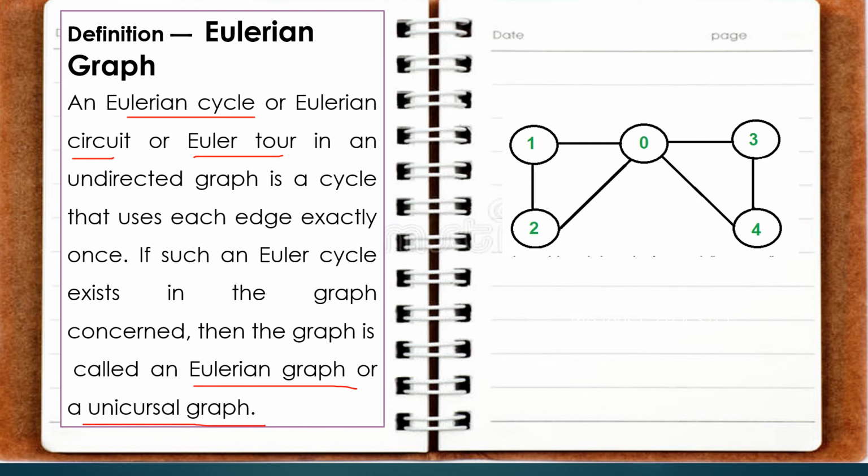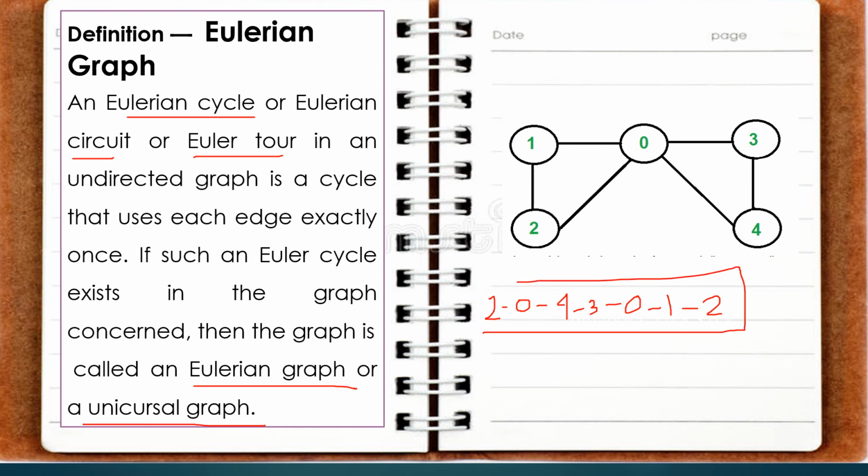So for example here, if we start at 2, our circuit will be 2 to 0 to 4 to 3 to 0 to 1, then we go back to 2. So this is our circuit: 2 0 4 3 0 1 2.